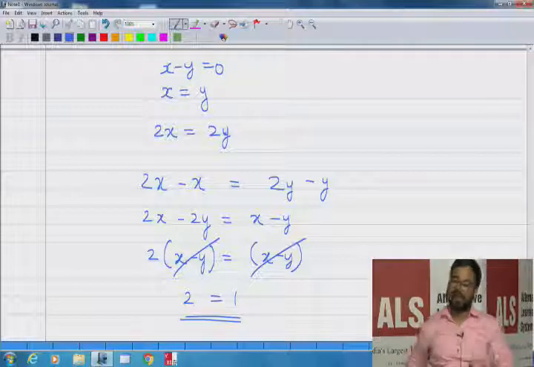But that is no. Step 6, Senapati. What is wrong over here?